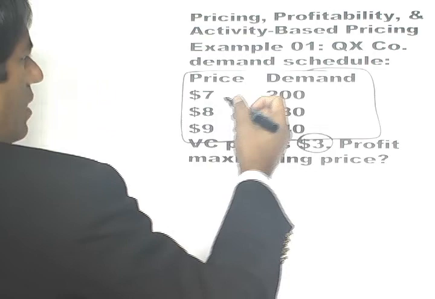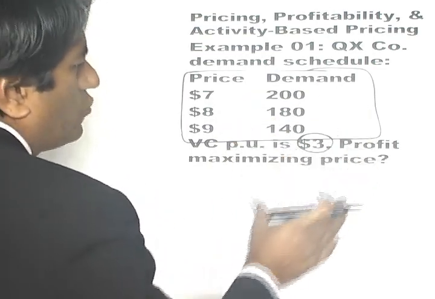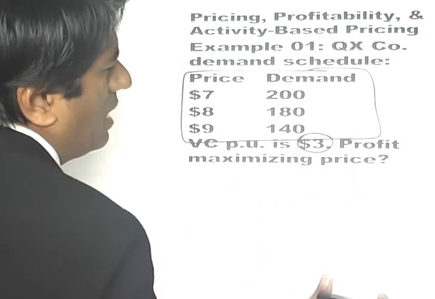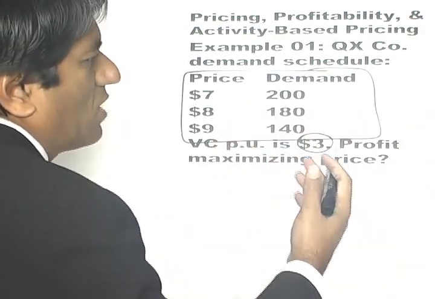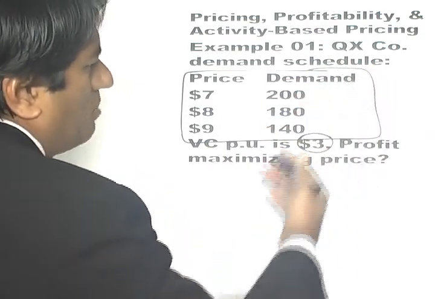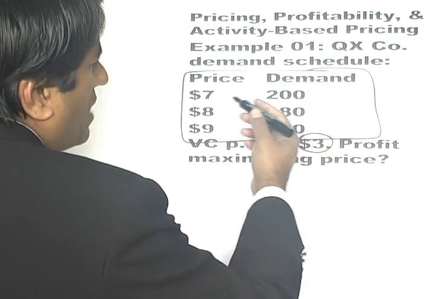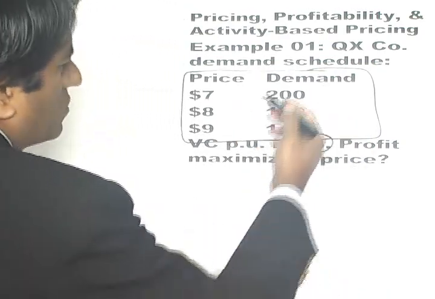Now, what we would like to do is maximize the contribution margin, because the fixed costs don't change. As long as you maximize contribution margin, then profit will be contribution margin minus fixed cost, and fixed cost is going to remain the same.